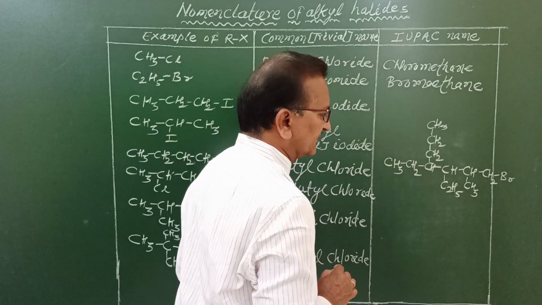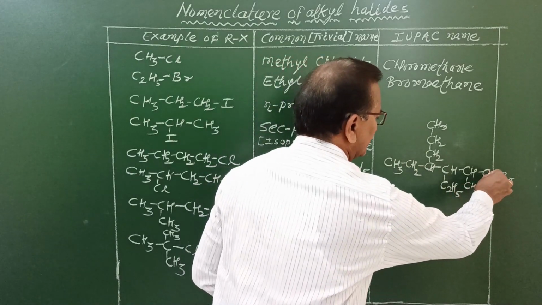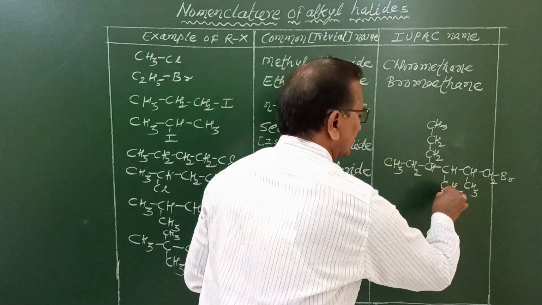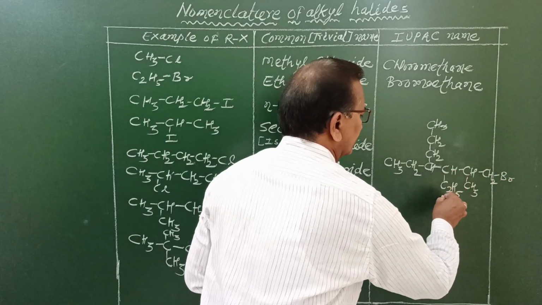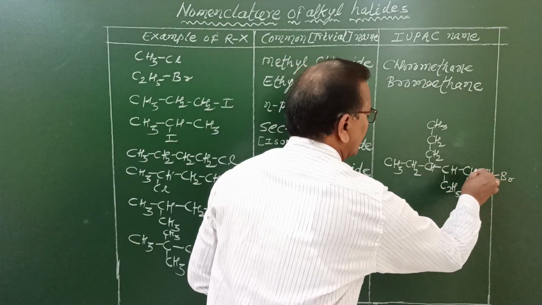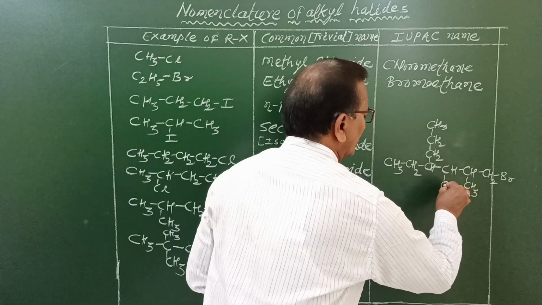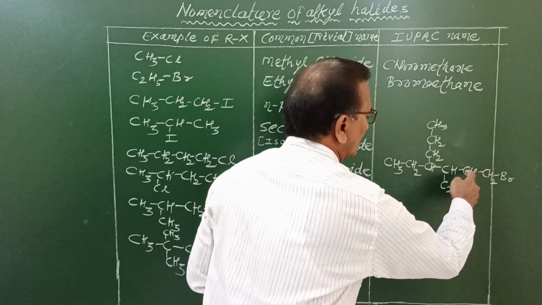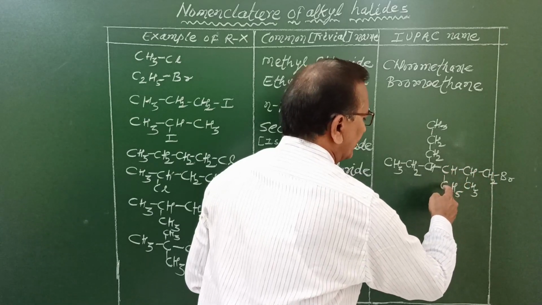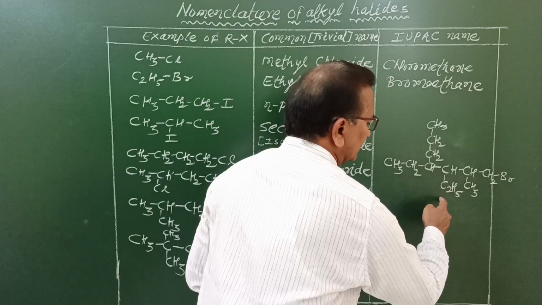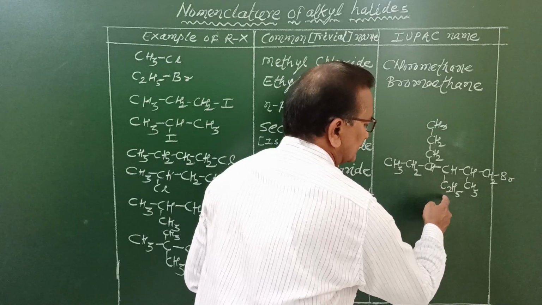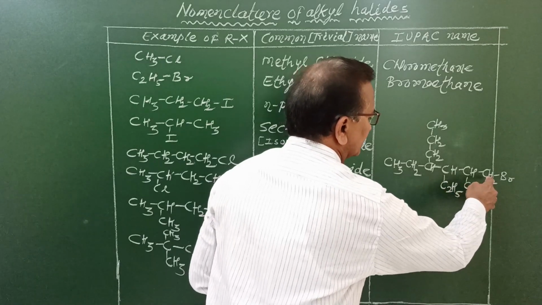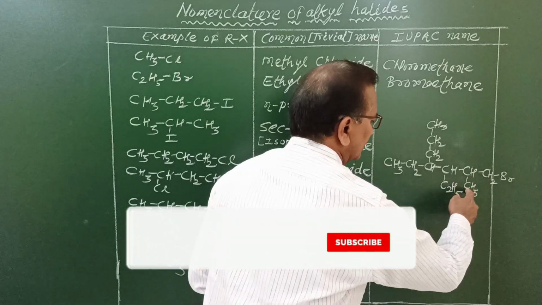There are 6 carbon atoms. This is one more chain containing the halogen atom. Number of carbon atoms: 1, 2, 3, 4 and 5. Here we have to consider 2 carbon atoms. We can expand this C2H5 as CH2, CH3. Let us see. This is also one chain.